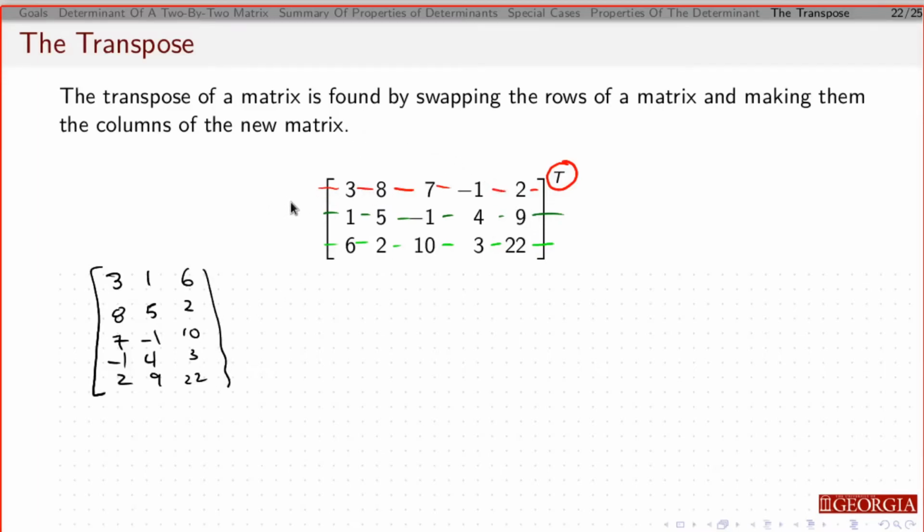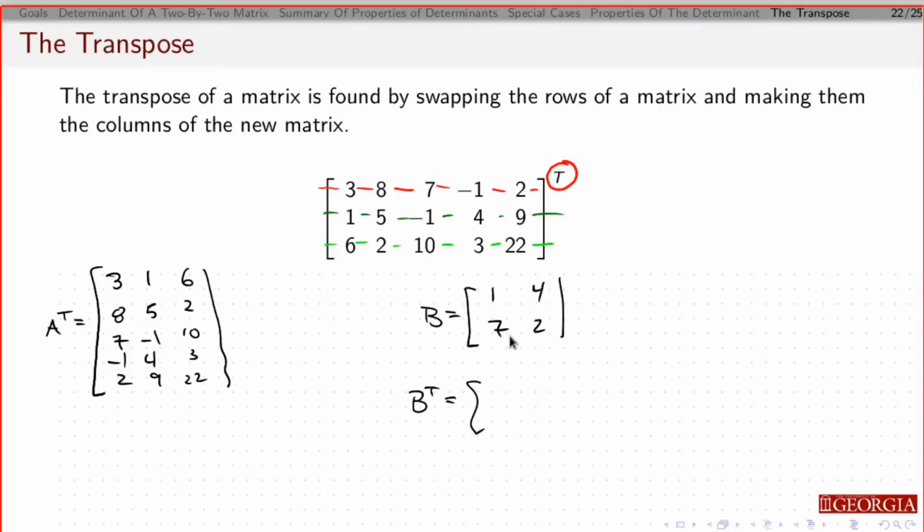So if this is the matrix A, transpose is that. Okay, just as another example, that's a matrix B transpose.